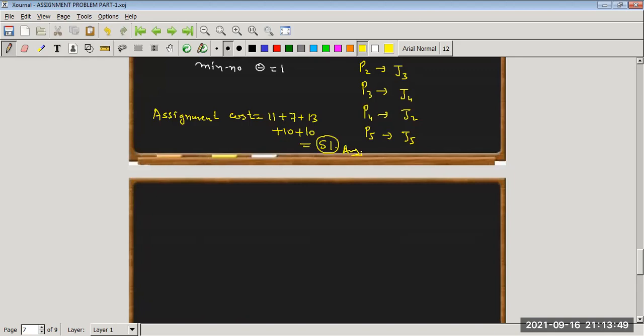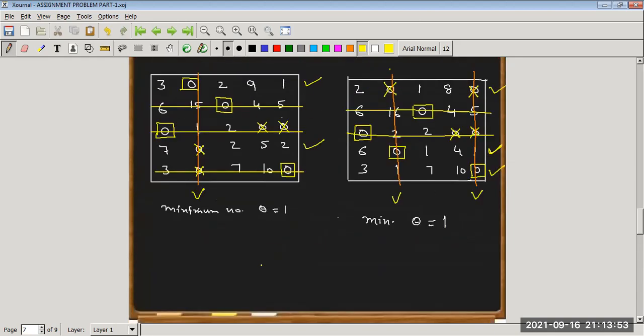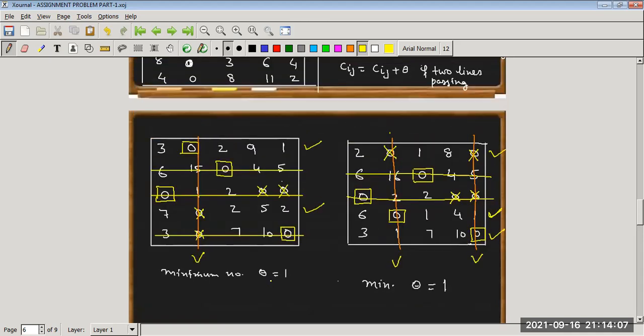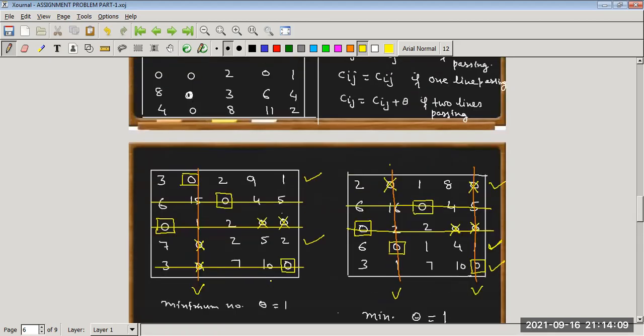So in this lecture, we have discussed Hungarian method, how we can formulate the assignment problem mathematically, and then after that, we have discussed Hungarian method, by which we are able to solve the assignment problem. And then we discussed two examples related to assignment problem, how we can use Hungarian method to solve them.